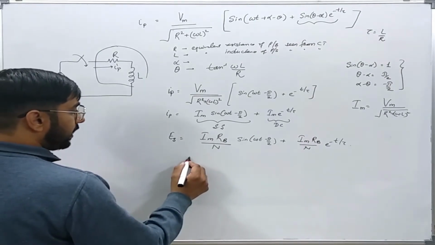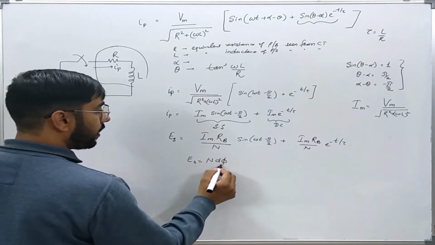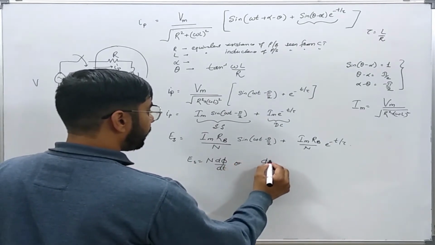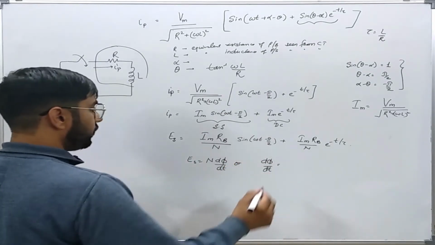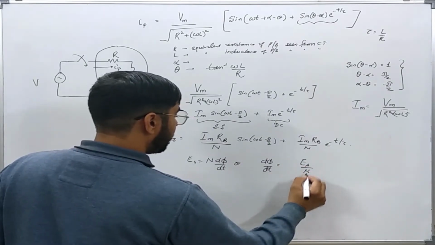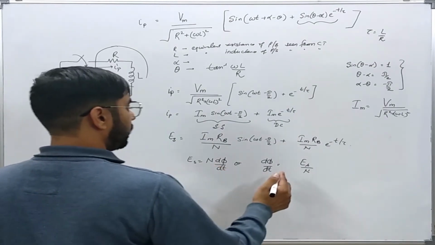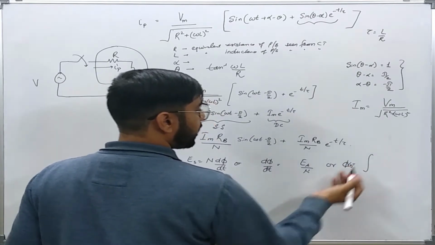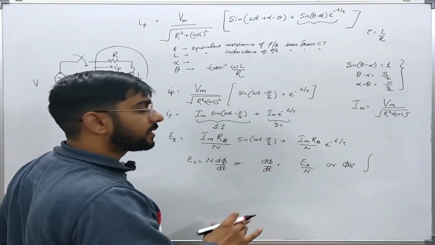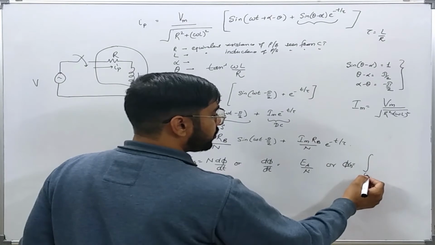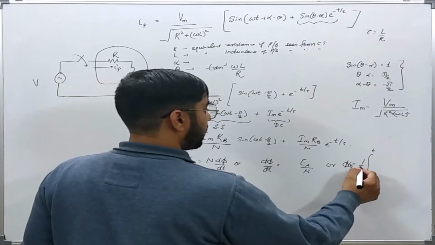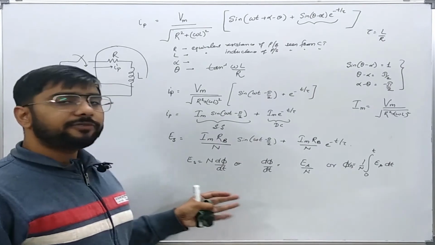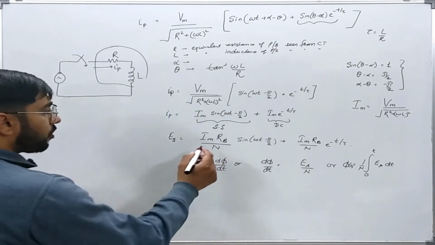Now we know that ES is equal to N d phi by dt, or I can write that d phi by dt is equal to ES by N, or phi at t can be considered as, I am assuming that there is zero remnant flux initially, so phi 0 is 0, from 0 to t 1 by N ES dt.